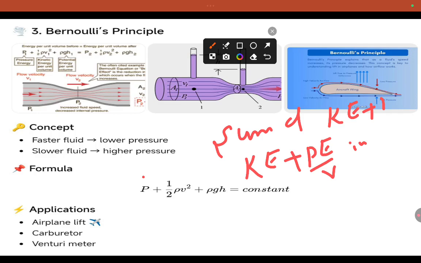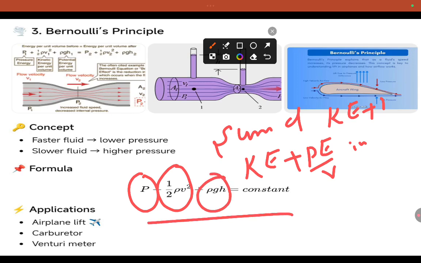That means pressure head, energy head and density head are constant in the Bernoulli principle.